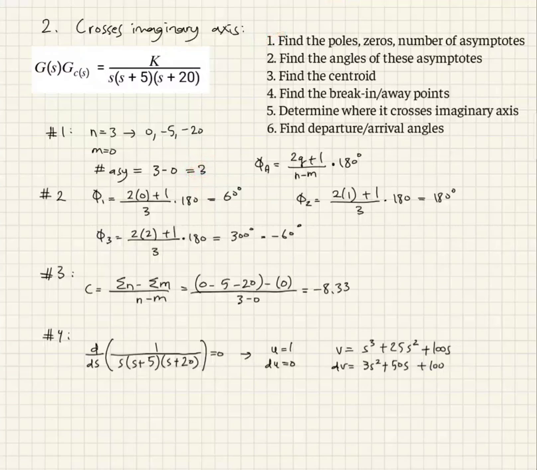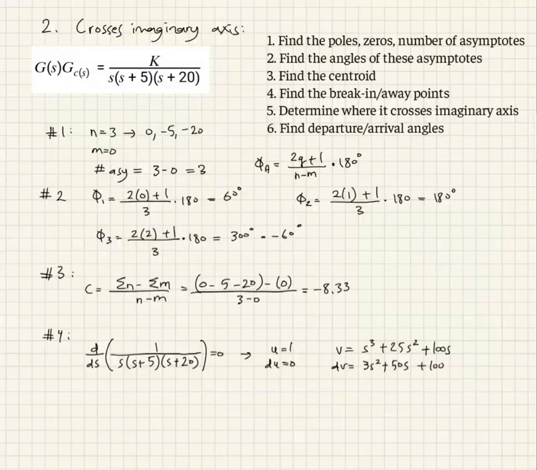The second step was to find the angle of these asymptotes, and we used this same formula. Because we have 3 asymptotes, we do this equation 3 times, setting q equals 0, and then 1, and then 2.